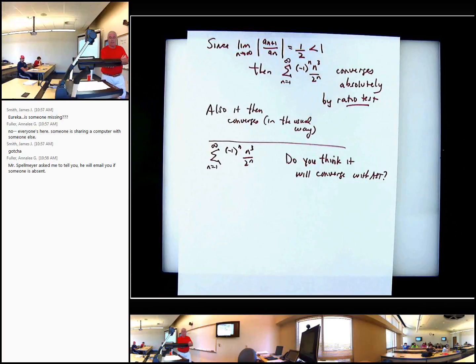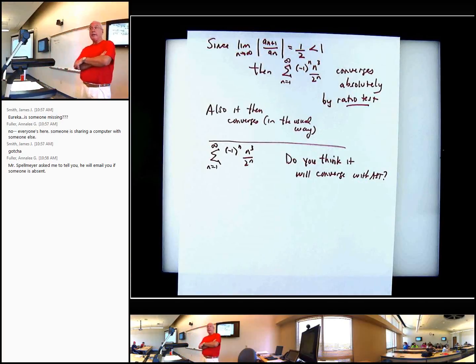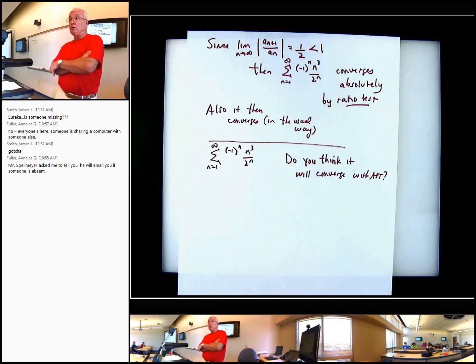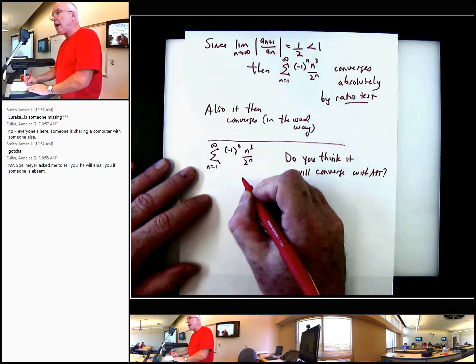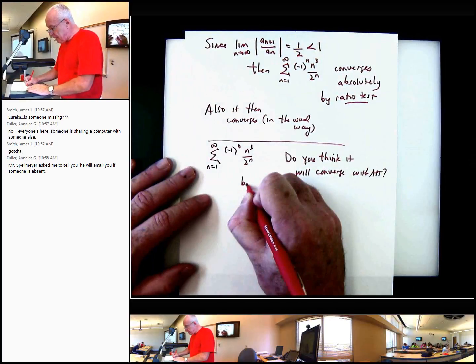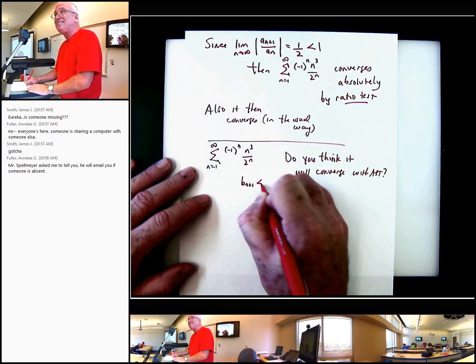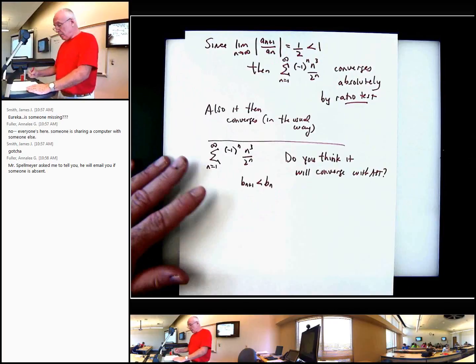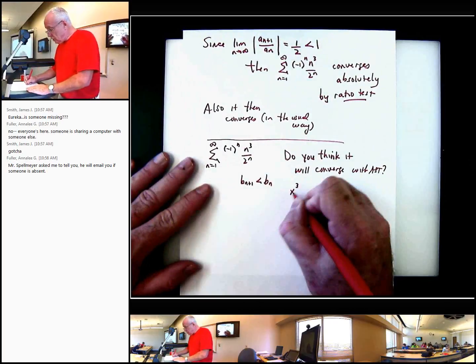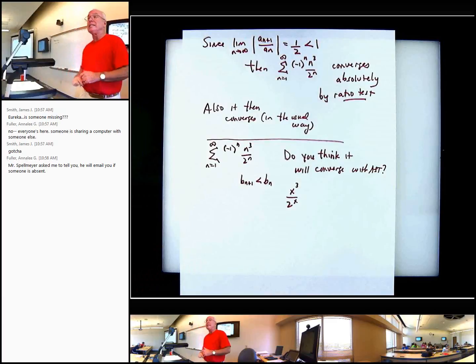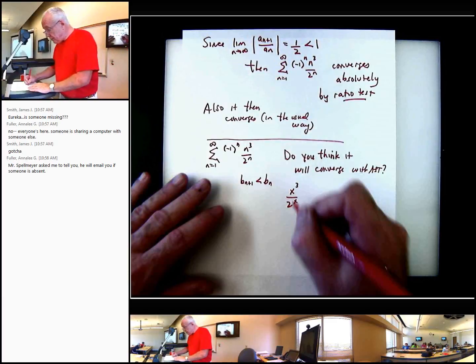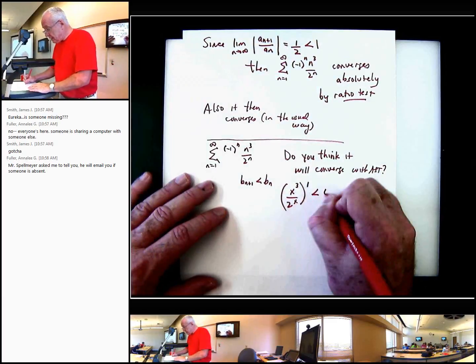You think it might be a little hard to do the mechanics of the test? It will converge using the test, but the mechanics of it might be a little tricky. Because remember, we have to find out if b sub n plus 1 is less than b sub n, which means that we have to look at the underlying function, x to the third over 2 to the x, and see if its derivative is less than 0.